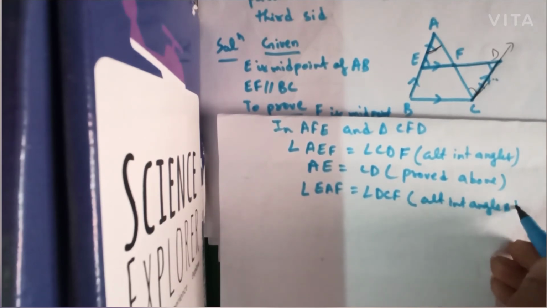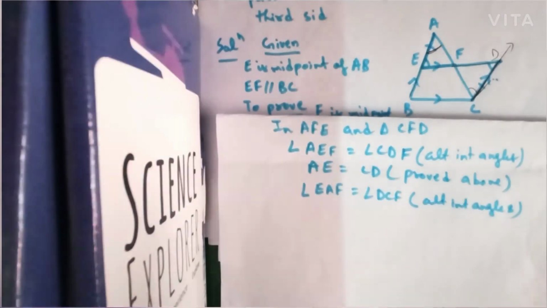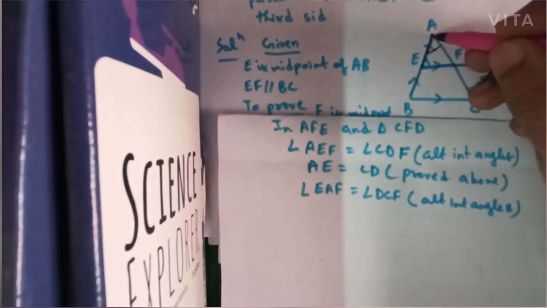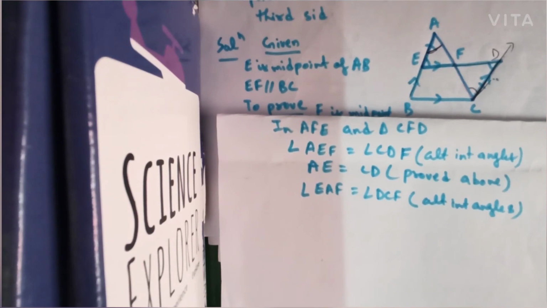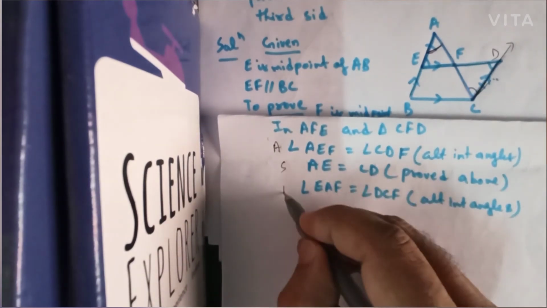This time we take the transversal AC. So this angle and this angle, alternate interior angles, will be equal. So now we have the congruency by angle side angle.